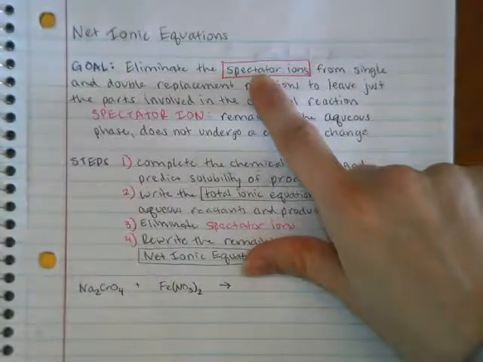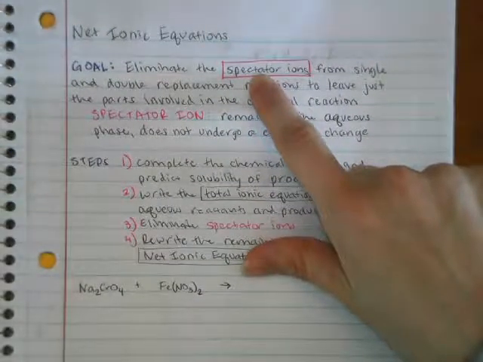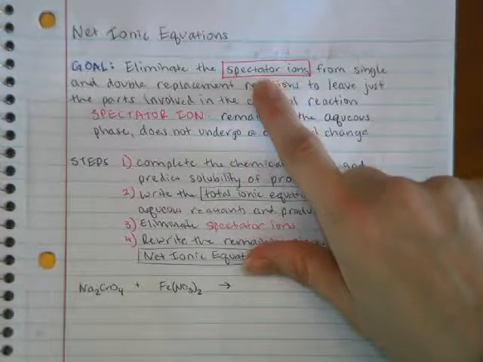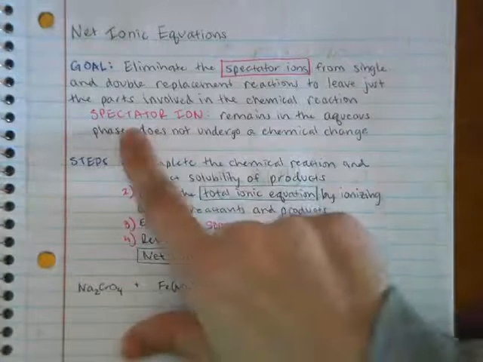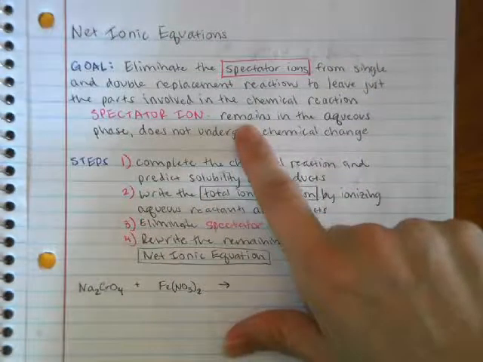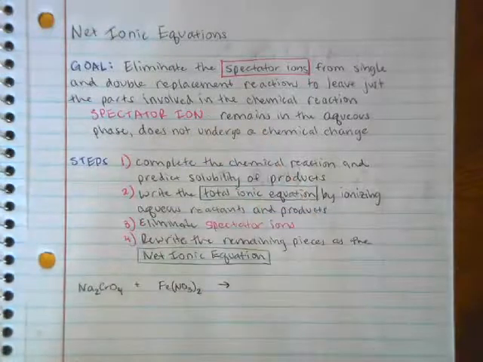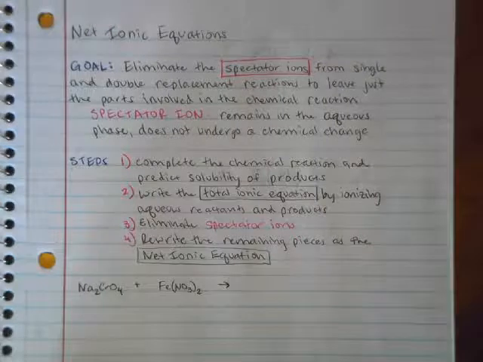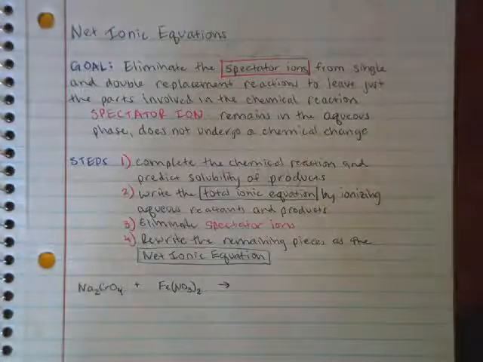Okay, so they are spectators, they are watching, they are not affected by the chemical reaction at hand. So a spectator ion, here's how you're going to identify a spectator ion, is an ion that remains in the aqueous phase and does not undergo a chemical change.